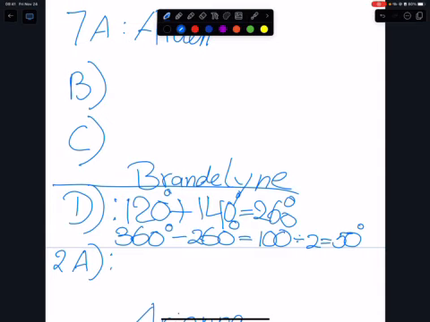You have 100. You can either have 100 or 50. She split them up in two. So one D is 50 and the other D is 50. Both the same answer.